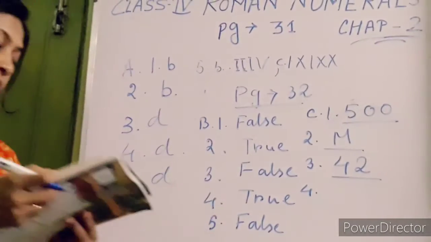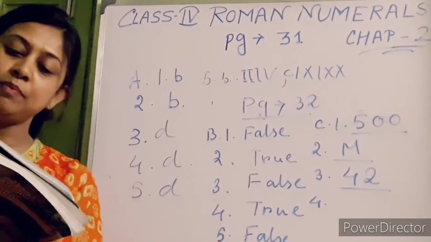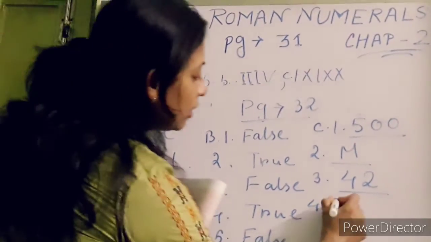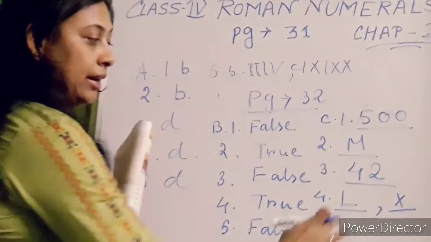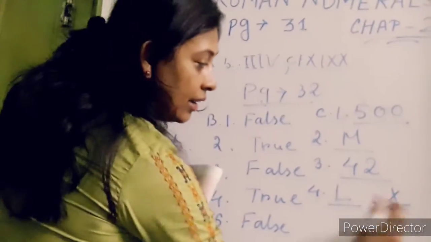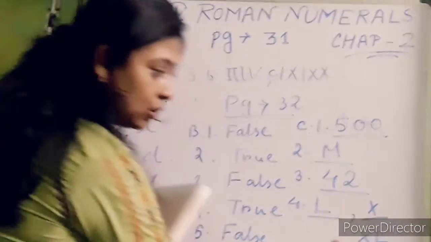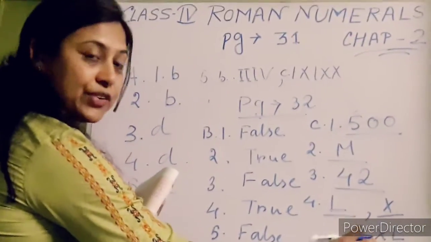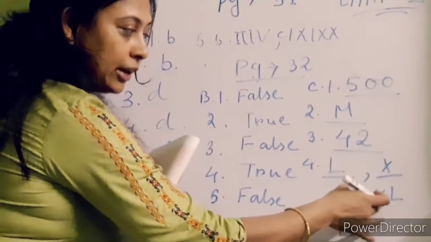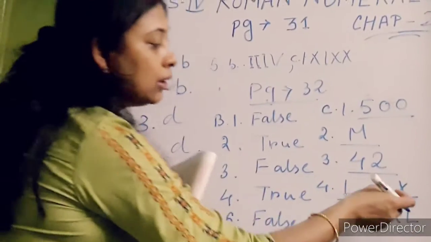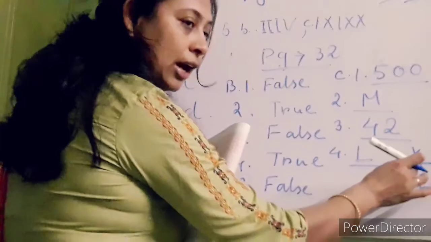Now 4. Writing L after X means 50 minus X. L is present after the X. So when you put the smaller value before the larger value, you have to subtract.